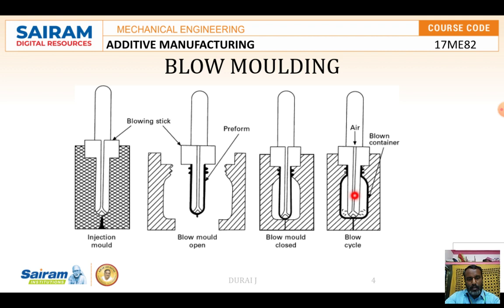The pressurized air forces the polymer to take the shape of the die. Finally, we allow some time to cool. Afterwards, you can remove the mold, and we get the rigid shape of the component. In this manner, blow molding is processed.